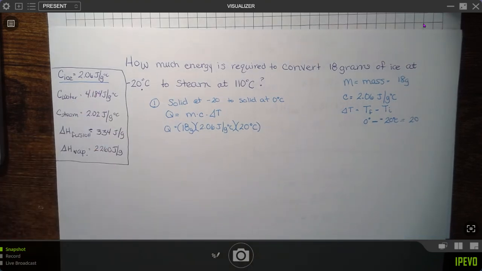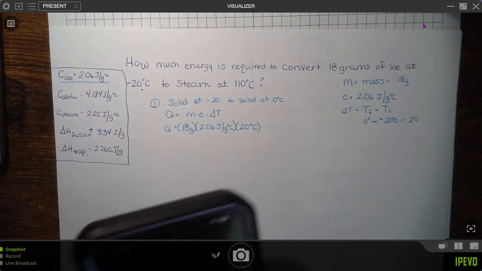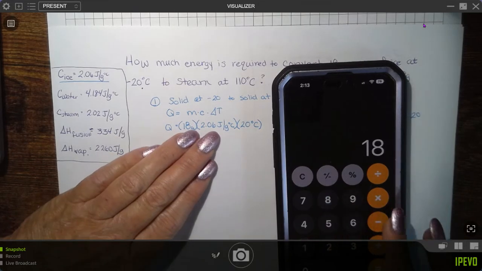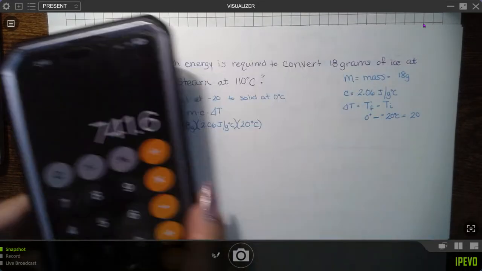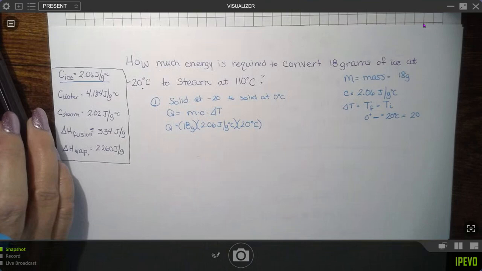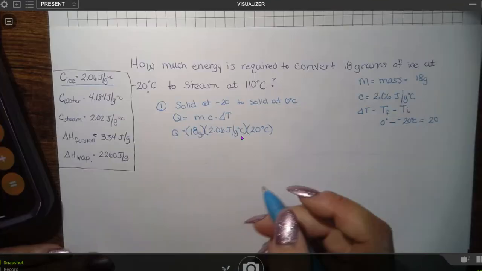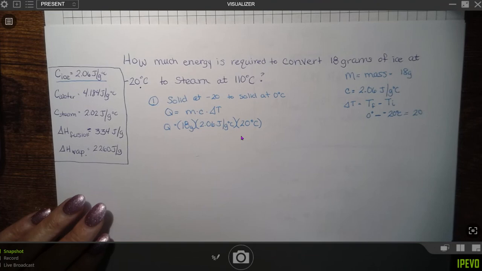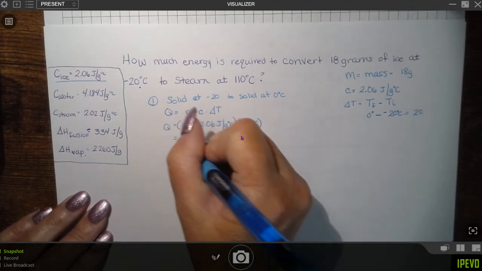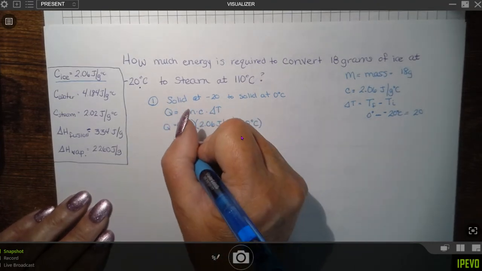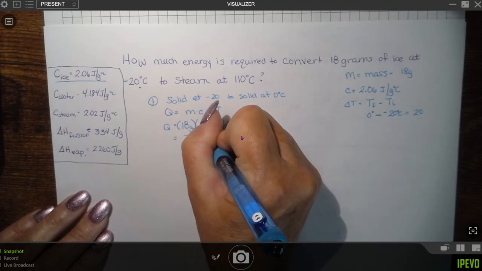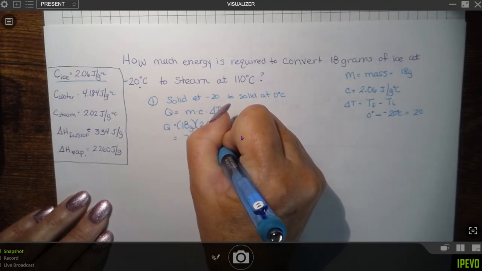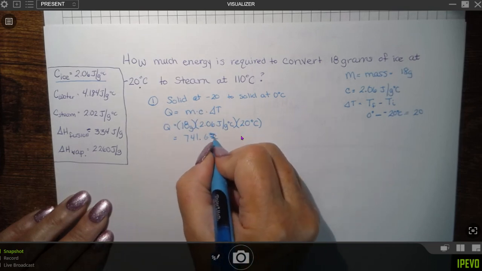If I plug this into my calculator, 18 times 2.06 times 20, I get 741.6. So Q for this first leg is 741.6 joules.